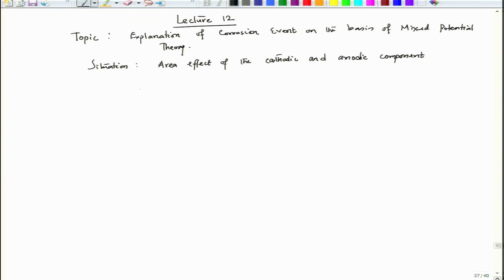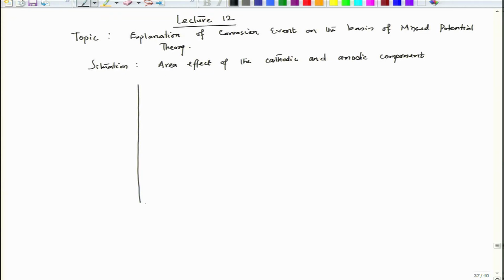So, we need to discuss that part, and we will also try to solve one numerical problem and see how the corrosion rate as well as corrosion potential change.